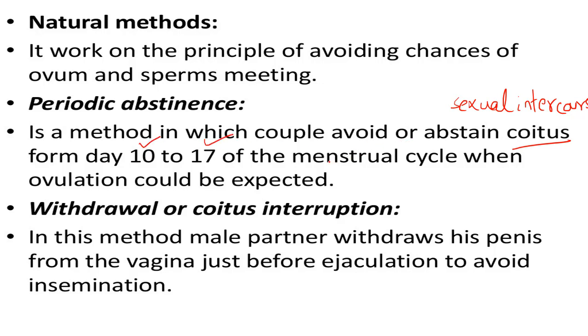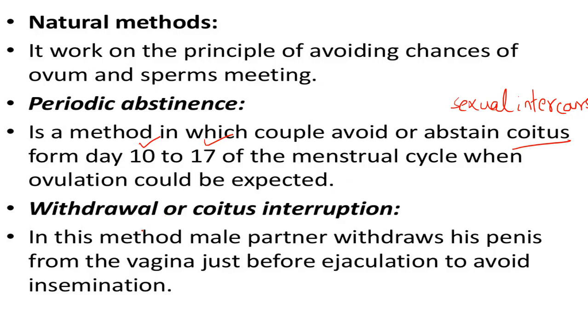After that, the egg comes to the uterus and slowly comes out of the vagina in the form of blood. So if there is no egg in the fallopian tube, there will be no fertilization. Hence, if you abstain from coitus during day 10 to day 17 of the menstrual cycle, there are chances that the girl will not be pregnant.